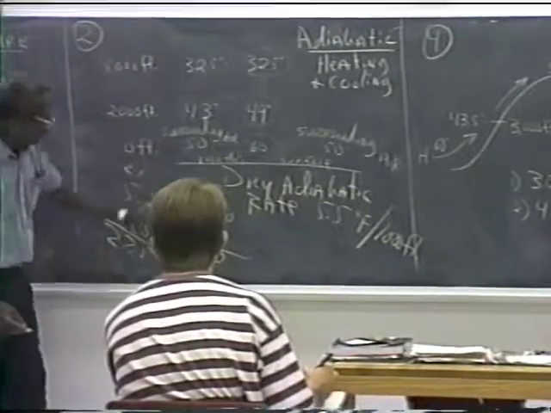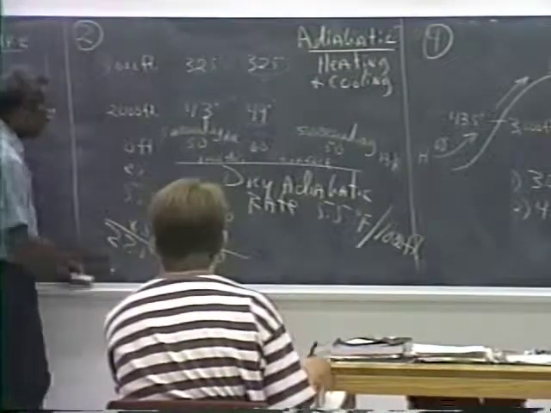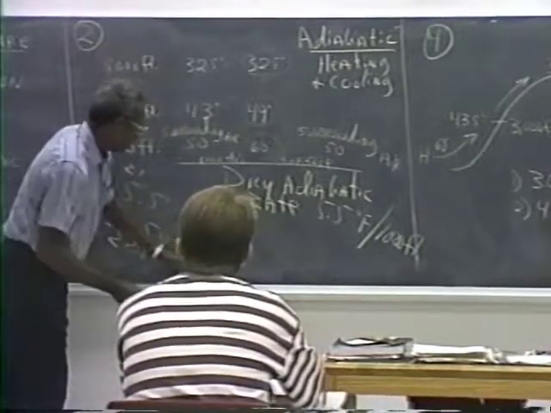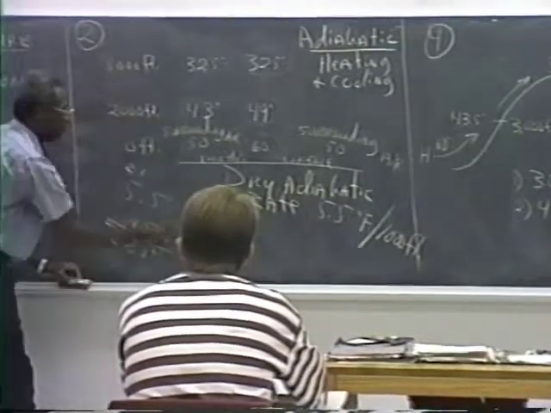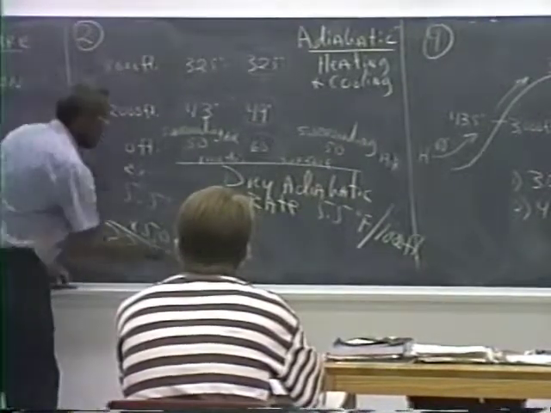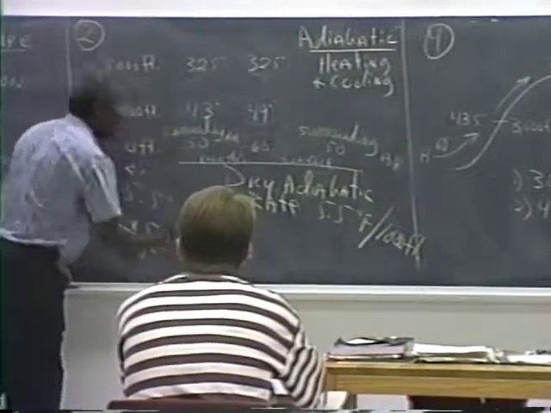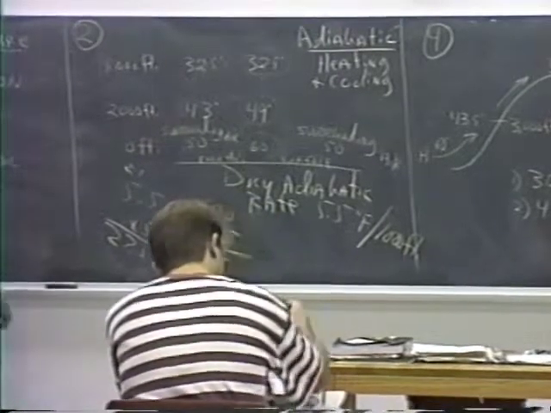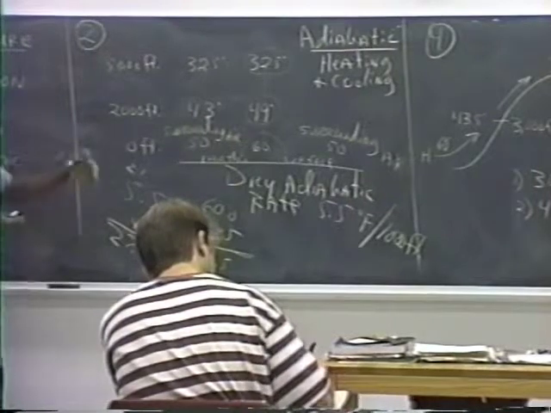So therefore, in this case, we would subtract 27.5 from 60, and that will give us 32.5. And I believe that's correct, so 32.5. So you do it the same way.